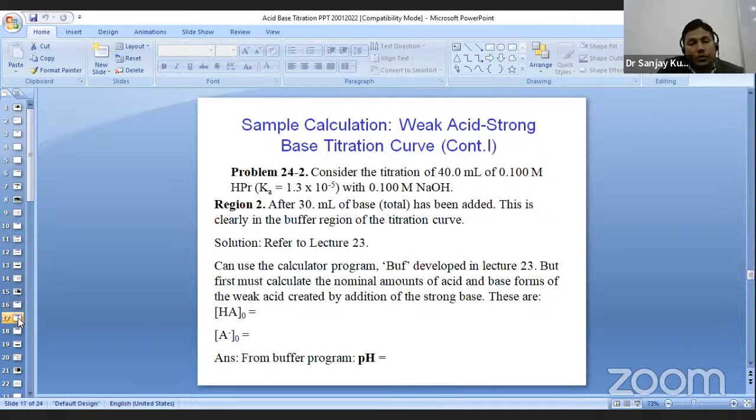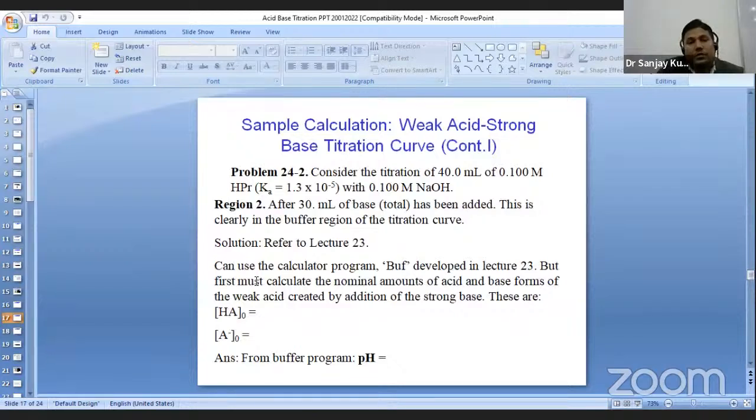Similarly, suppose we are going to perform weak acid versus strong base. Consider the titration of 40 ml of 0.1 molar acetic acid with 0.1 molar sodium hydroxide.